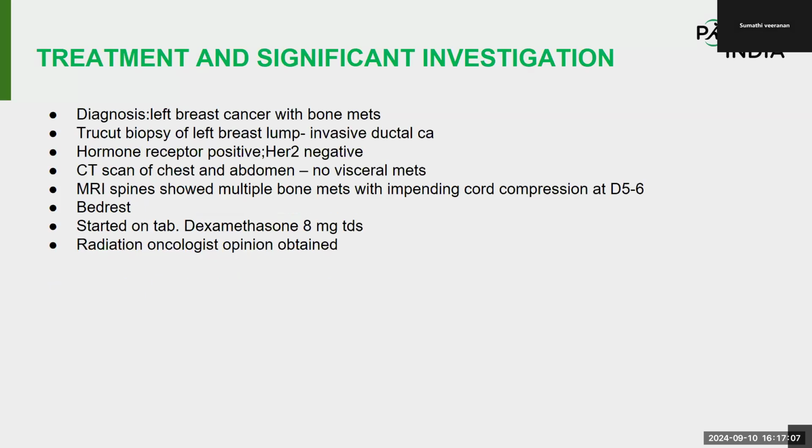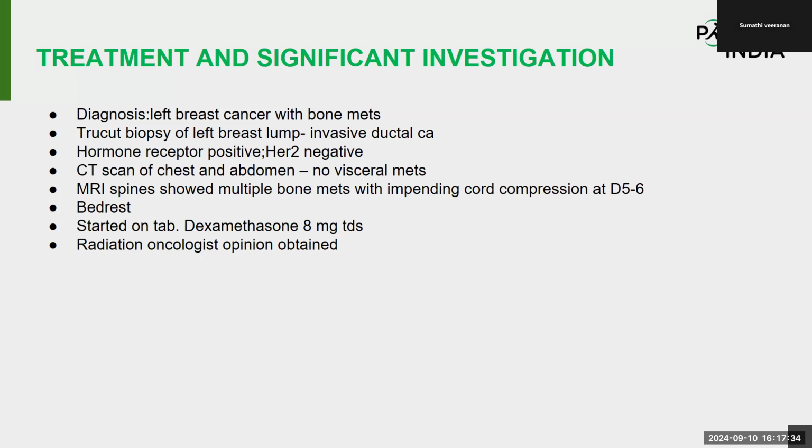Next, treatment and significant investigations. Diagnosis: left breast cancer with bone mets. Trucut biopsy of the left breast lump result is invasive ductal cancer, hormone receptor positive, and her HER2 receptor is negative. CT scan of chest and abdomen: no visceral mets or seams.